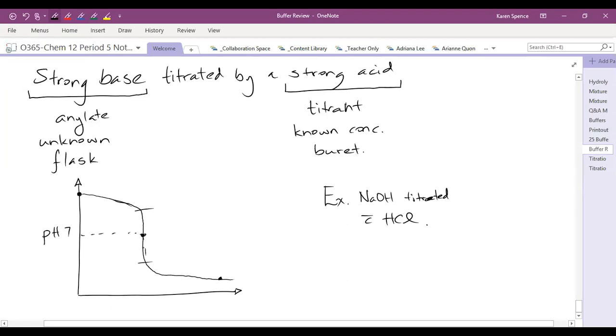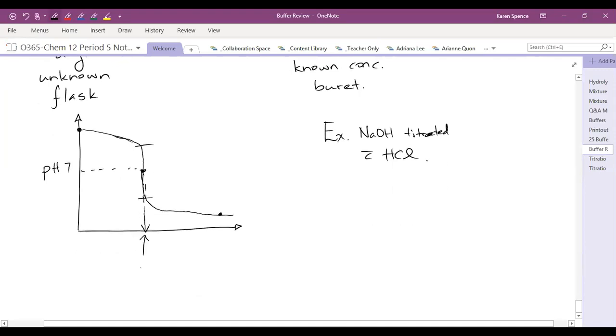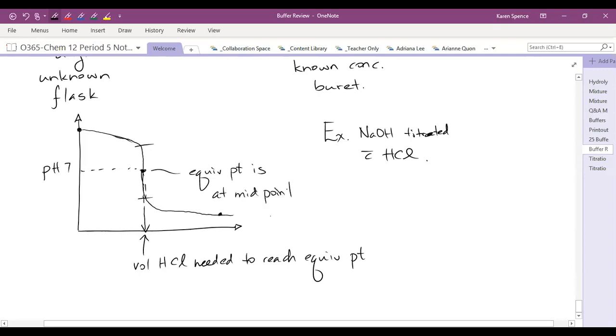And this volume right here is the volume of HCl needed to reach the equivalence point. Okay. So it's exactly like the last one, just reversed. Okay, pretty straightforward.